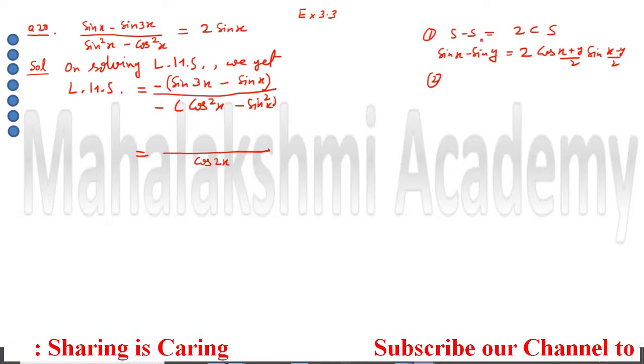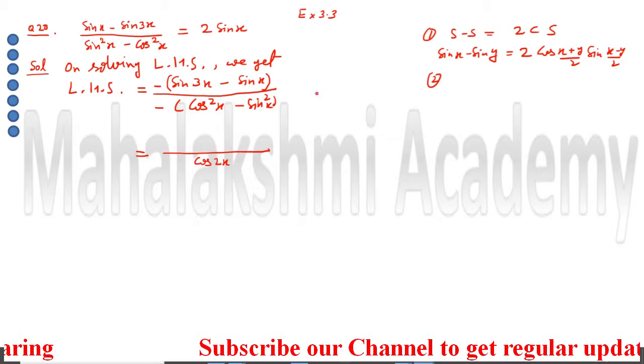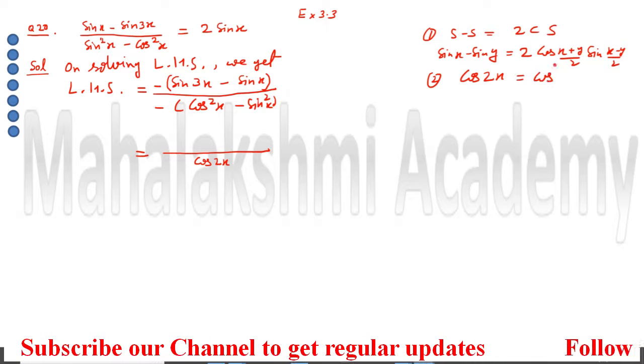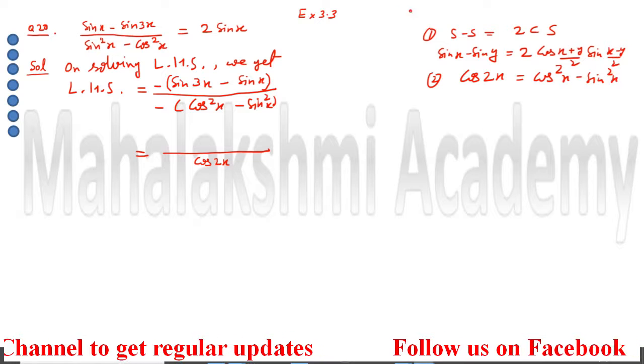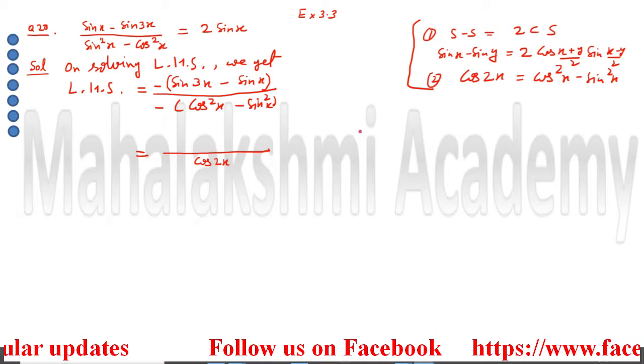And first I want to use this formula in the numerator here, that's why I wrote. Now in denominator we are going to use the formula of cos 2x. Cos 2x formula is cos square x minus sin square x. So these two formulas I am going to use. This is in the numerator, this one is in the denominator.